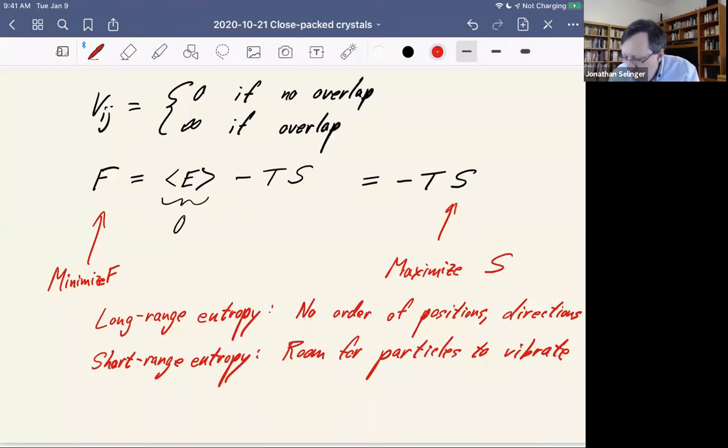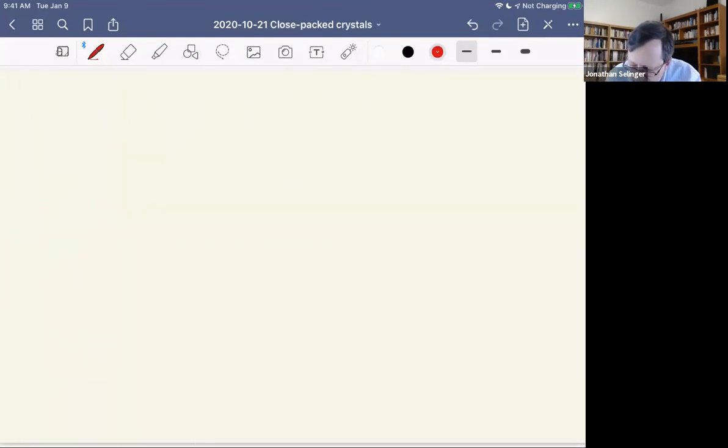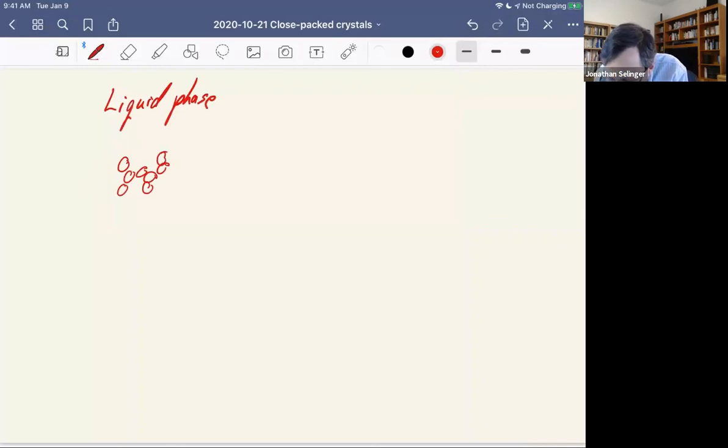Okay. So if you have a liquid phase, then the particles, here I'll draw them smaller than that. If we have particles that are not packed in an efficient lattice, then they're likely to just kind of push up against each other and limit the room to vibrate just because of not being packed very efficiently, right?